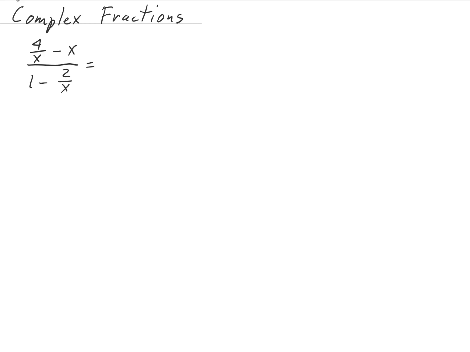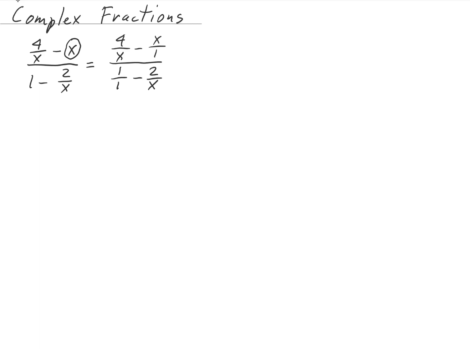So first we're going to write that second x as a fraction. And that's easy. We just put it over 1. And the same on the bottom. I'm going to change that 1 into a fraction. Okay, now I can subtract the two fractions on the top if I get common denominators.